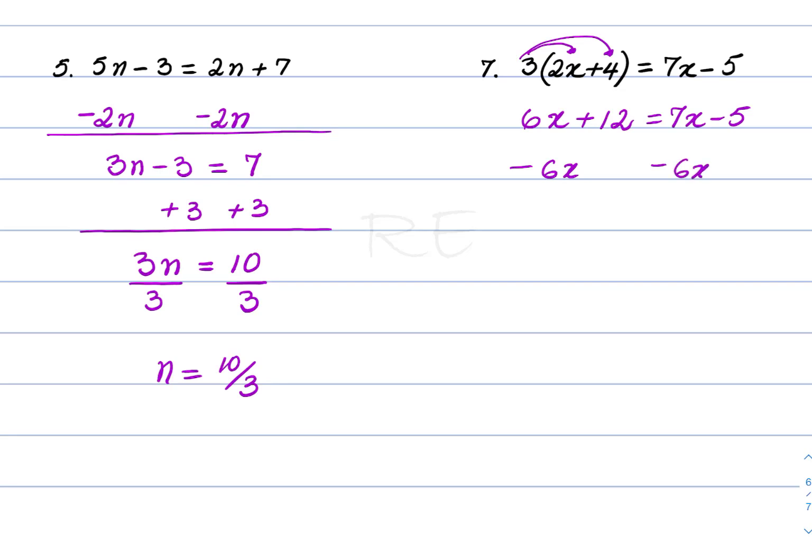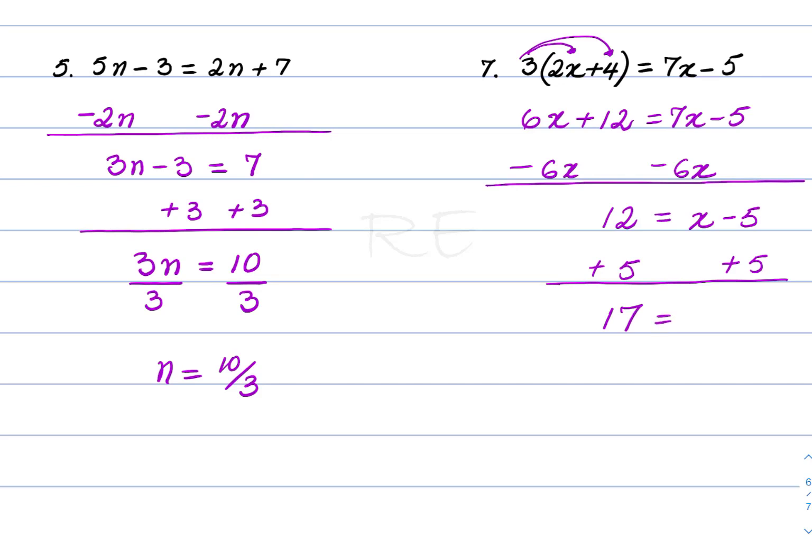Minus 6x, minus 6x. 12 is equal to x minus 5. We're going to add 5 to both sides to isolate x. Here we go. 17 is equal to x. Therefore, x is equal to 17.